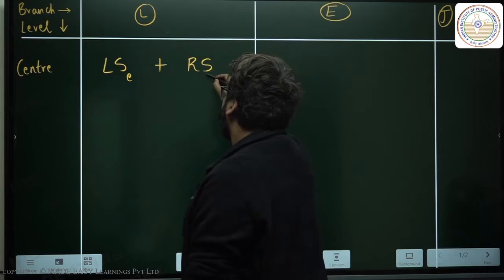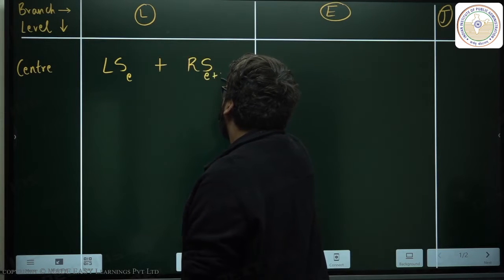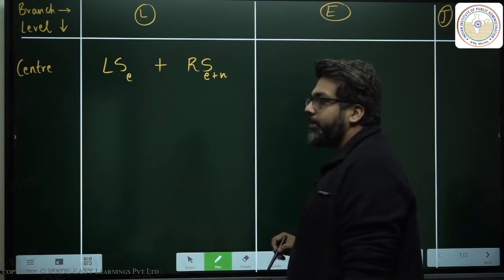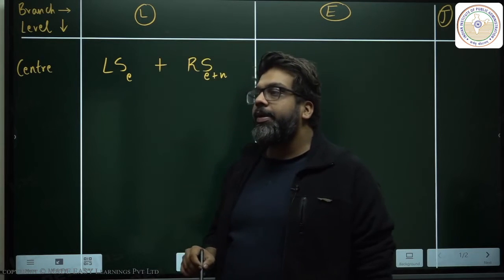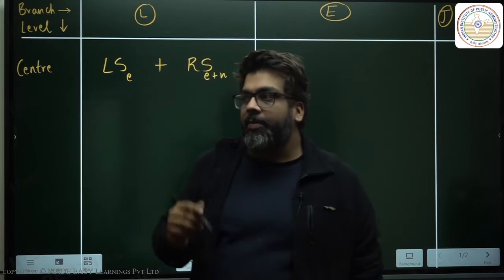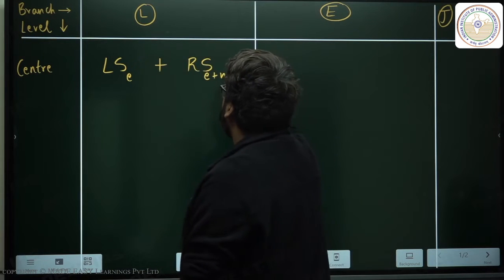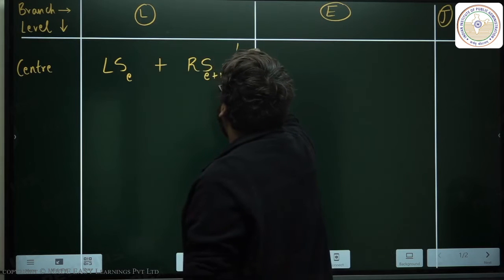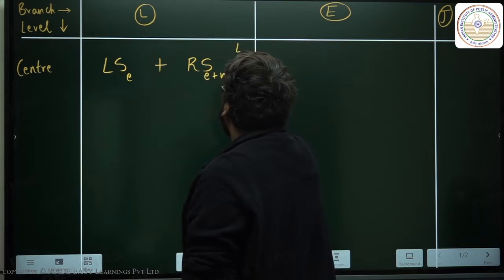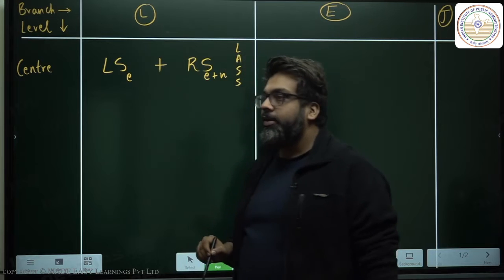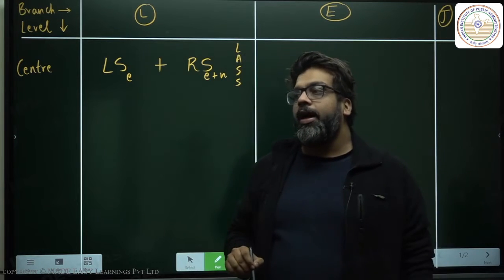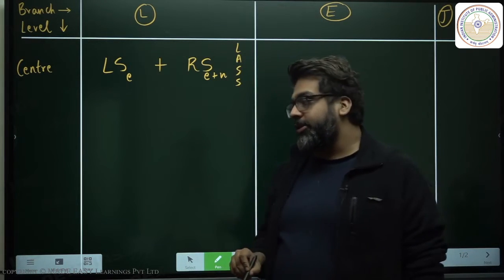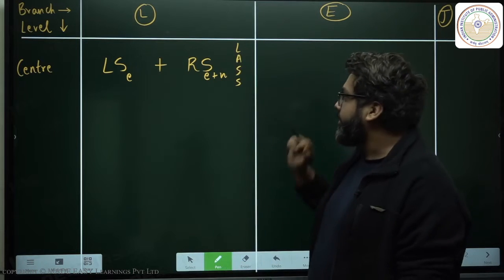Rajya Sabha will have elected as well as nominated members. And a simple way to remember what the nomination criteria for Rajya Sabha is LAS. You know, LAS, literature, arts, science, social service. Okay, literature, arts, science, social service. All right. So this is how it is.